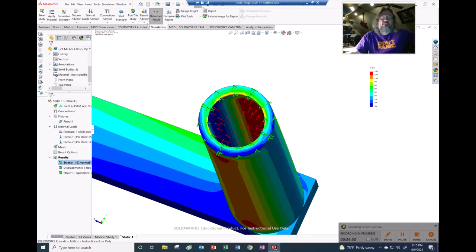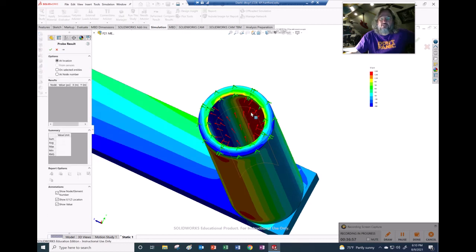But let's go to the probe and go up into here. Wish I could edit that other thing out. 1,787. And sure enough, my hoop was 1,786. That's dead nuts on, really.